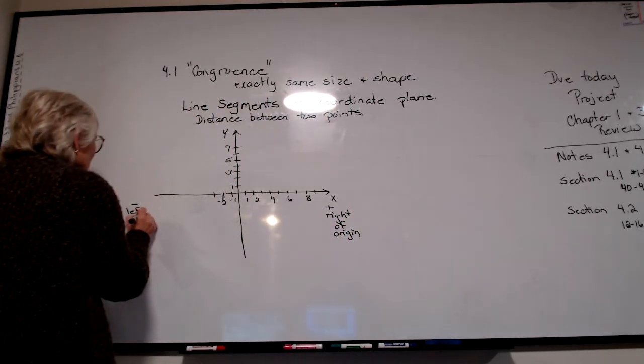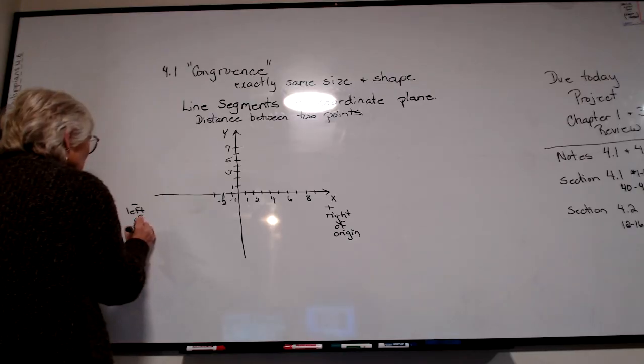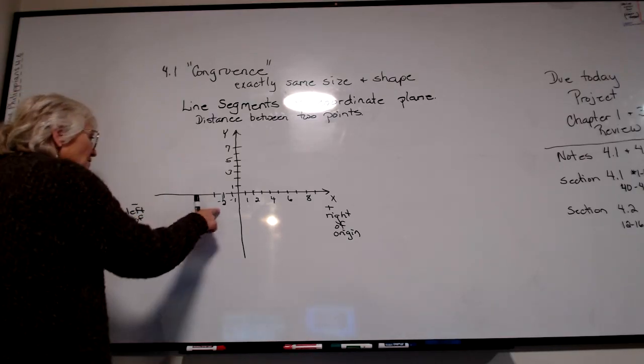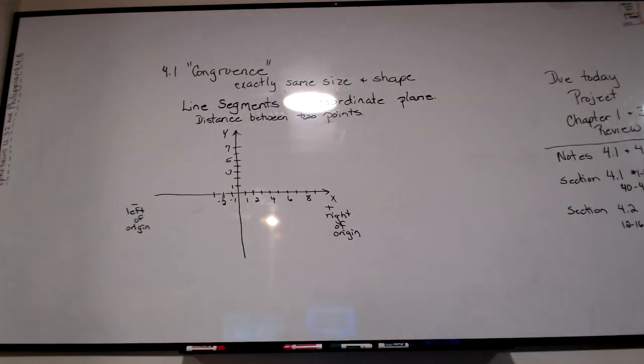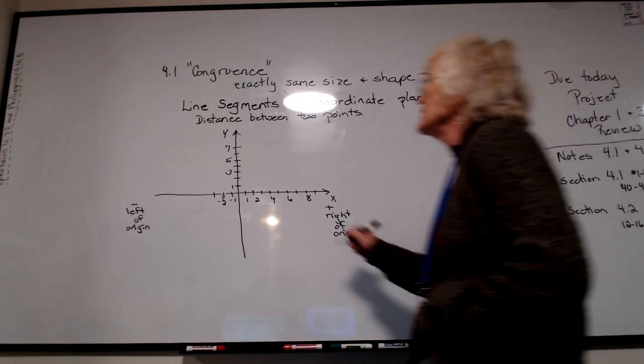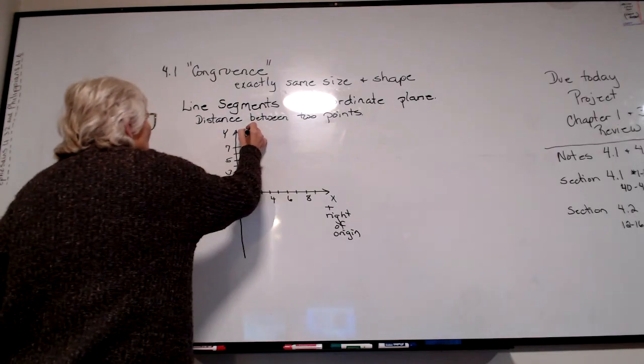This is left of the origin. So these aren't negative numbers in the sense that they are, they're directional numbers when we use them in geometry. Okay.